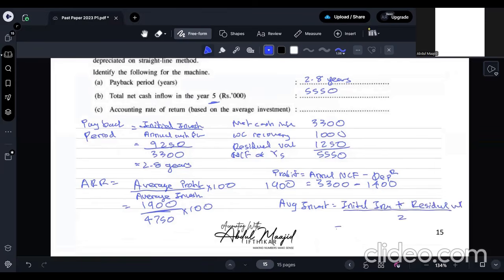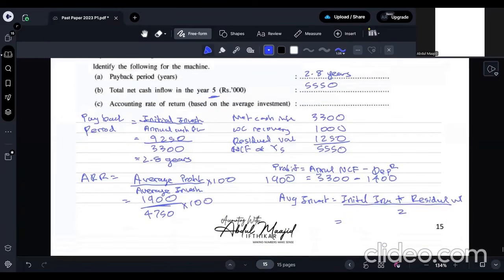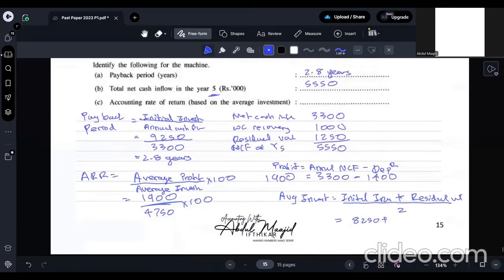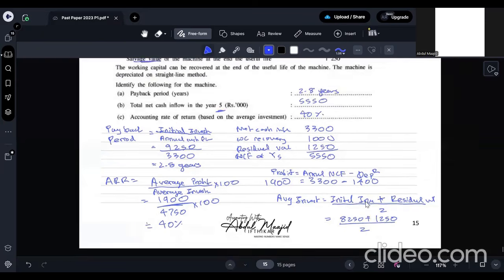The value of the machine is 8,250 plus residual value 1,250 divided by 2, that is 4,750. Then ARR is 1,900 divided by 4,750 into 100, that is 40%. ARR is 40%. So then we are done with the 2023 part 1 paper.